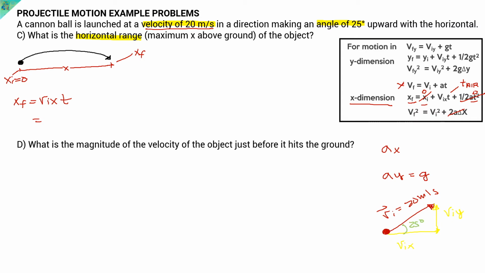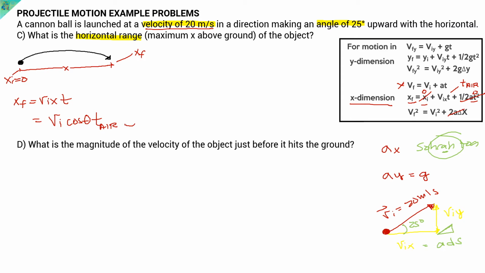Okay, we are now trying to search for VIX, which means that in terms of this triangle here, it's the adjacent side. And according to SOHCAHTOA, if it's the adjacent side, we are to use CAH, which means VIX is VI cosine theta multiplied by the time in the air, which means how far that went.